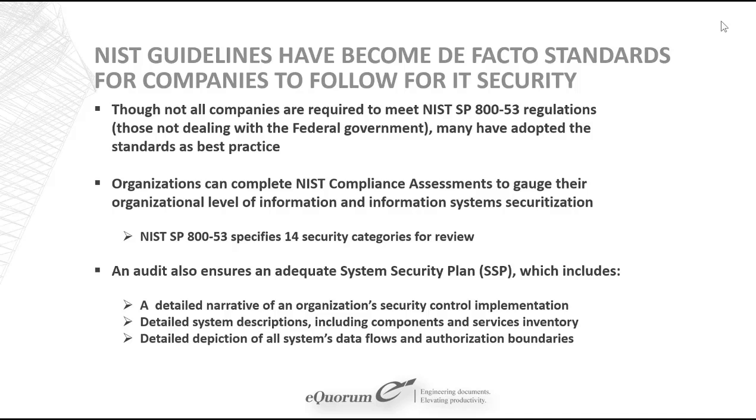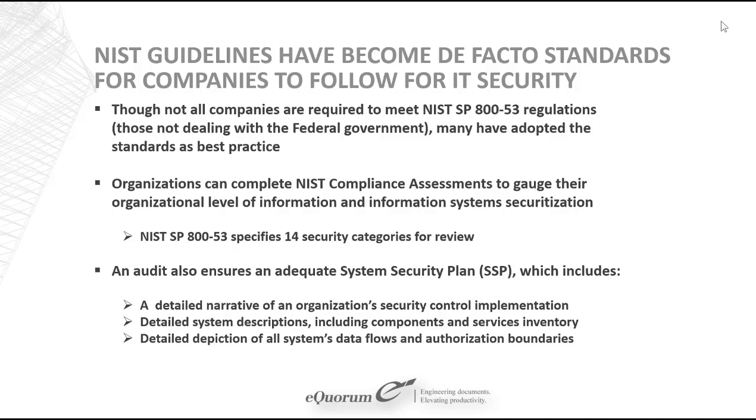So organizations can complete NIST compliance audit assessments to gauge their organizational level of information and information systems securitization. The compliance assessment looks at 14 security categories as specified within the special publication.